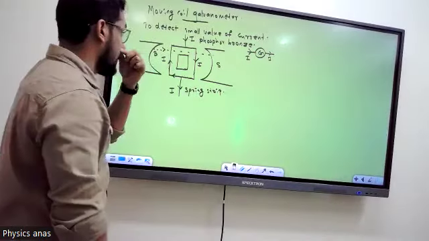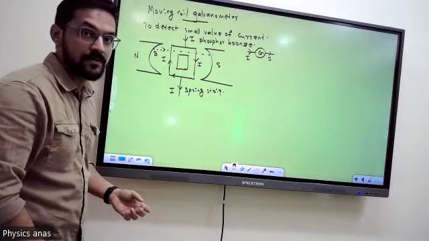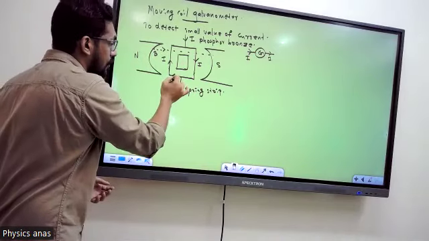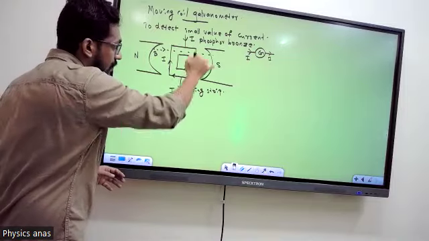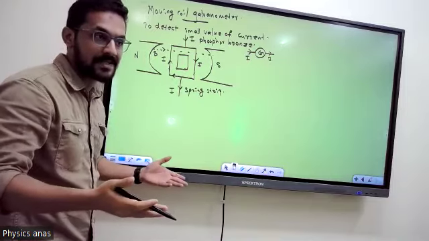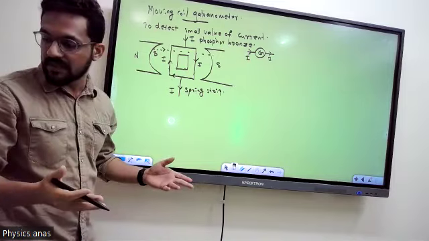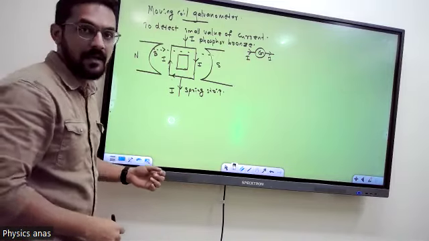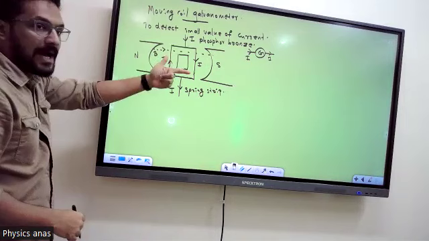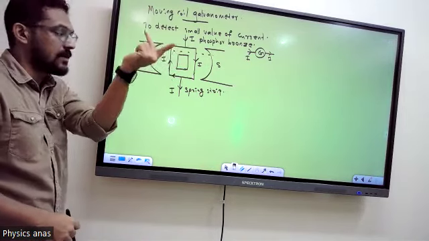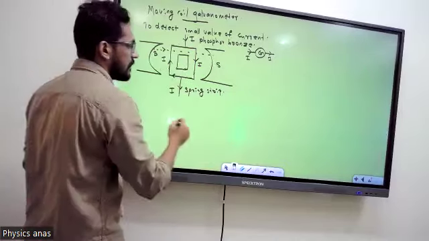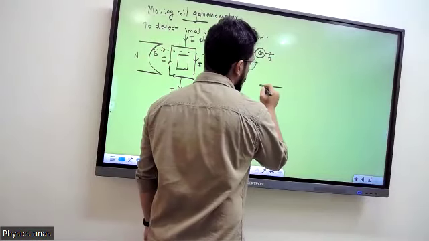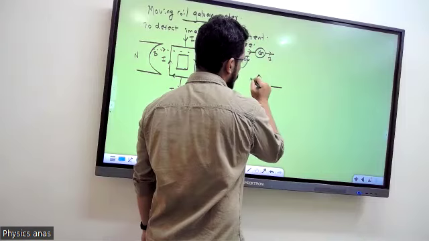The same case will be here also. There will not be any force on top and bottom. The force will only exist here and here because the value of theta is 90 degrees. So this is the magnetic field, this is the current, and force is inwards here.